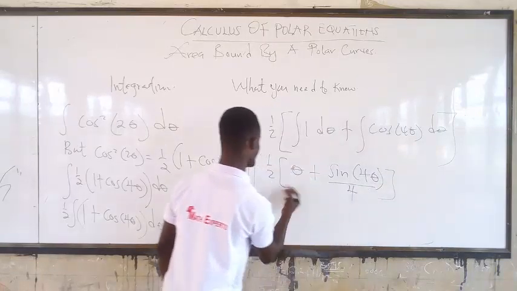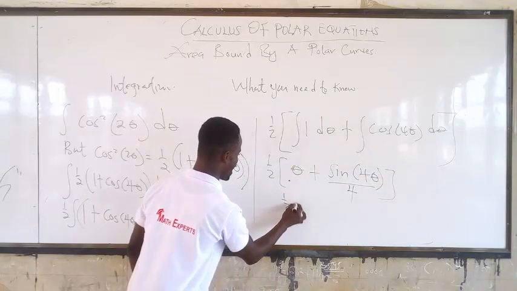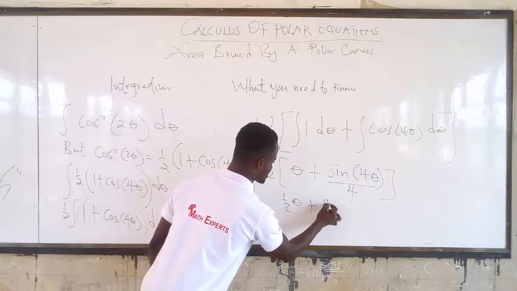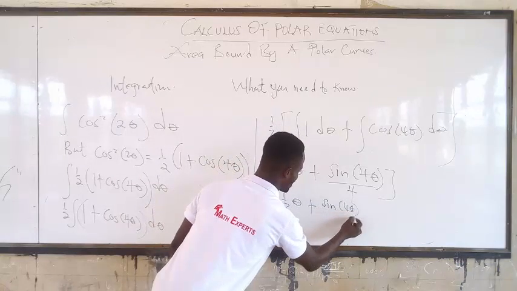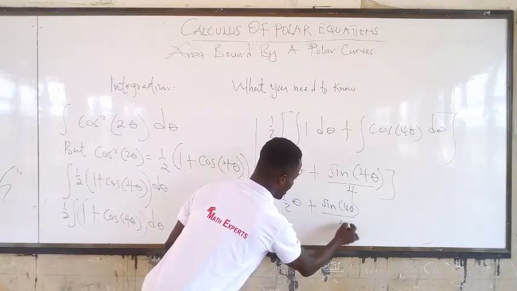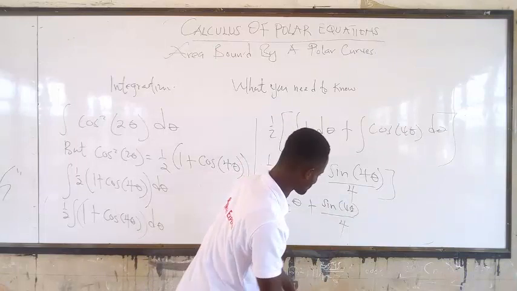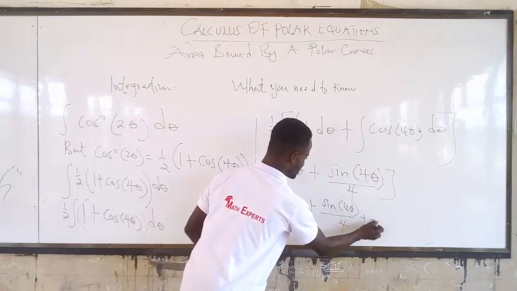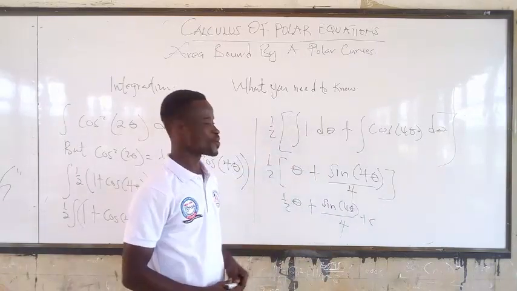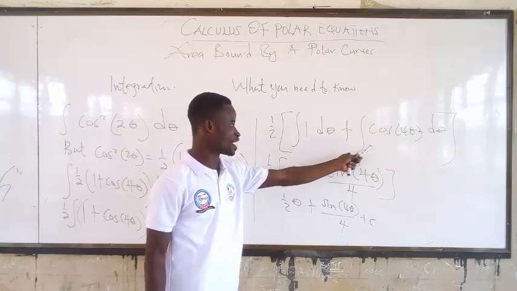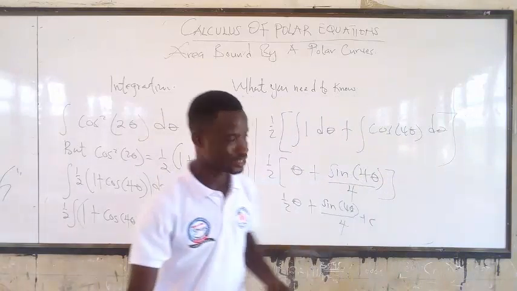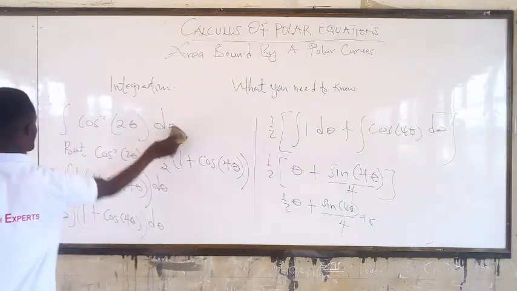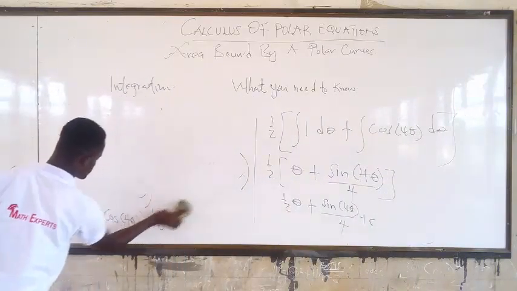So this is going to be half of theta plus sine 4 theta over 4, plus c. Let's check that the integral of this one is true, so that you see the technique. It's just simple.